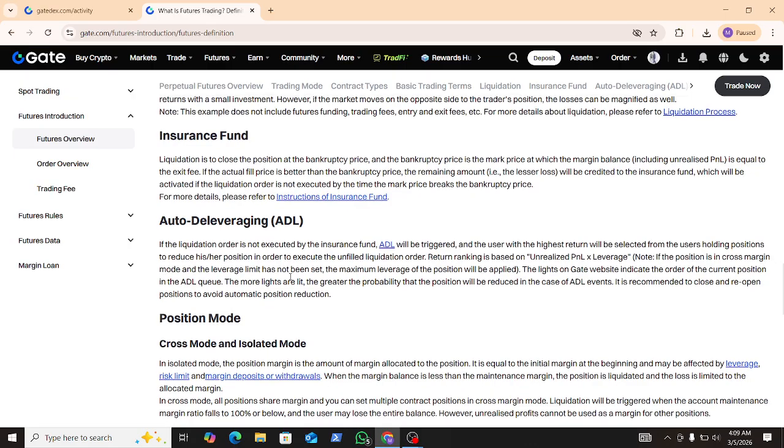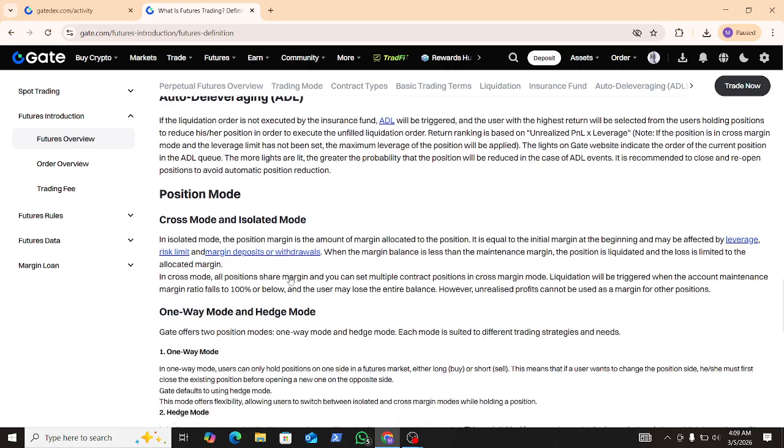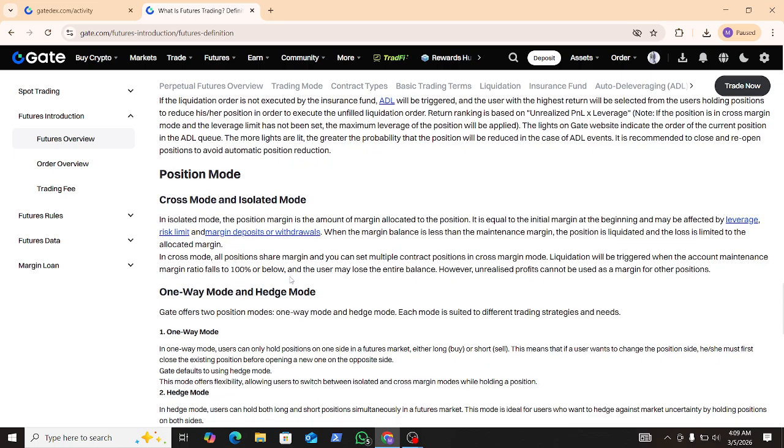Position mode, cross mode and isolated mode. In isolated mode, the position margin is the amount of margin allocated to the position. It is equal to the initial margin at the beginning and may be affected by leverage, risk limit, and margin deposit or withdrawal. When the margin balance is less than the maintenance margin, the position is liquidated and the loss is limited to the allocated margin.